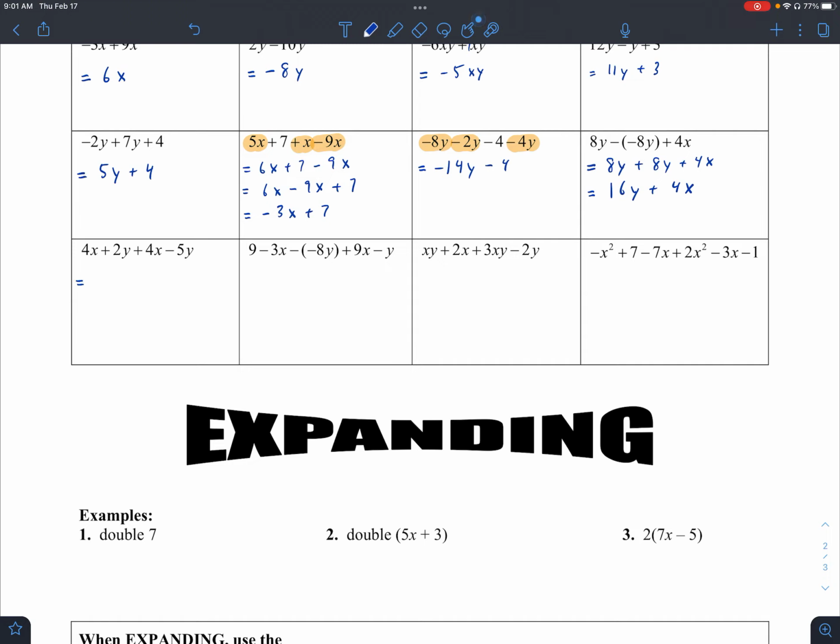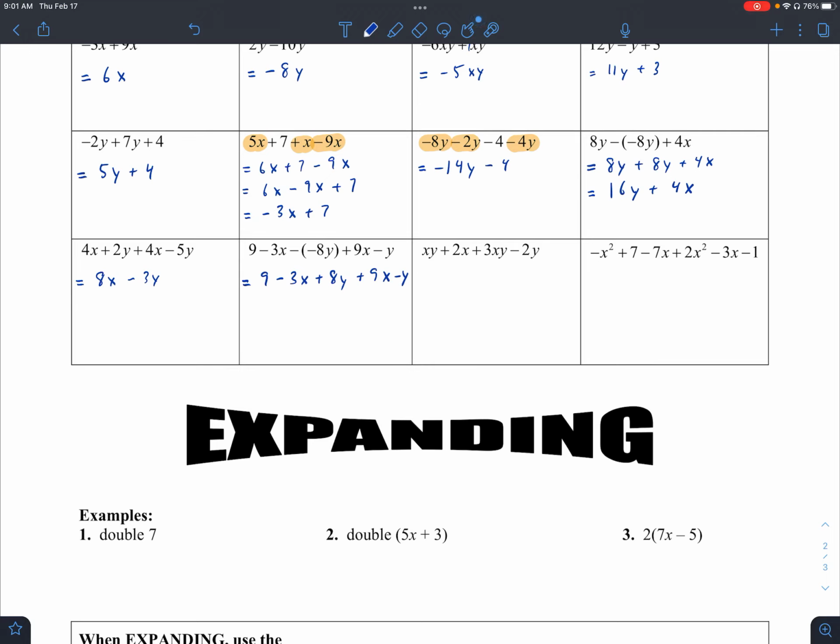Okay, next one, 4x plus 4x. It's going to be 8x. 2y plus minus 5y is going to be -3y. Okay, for this one here, 9 minus 3x plus 8y plus 9x minus y.